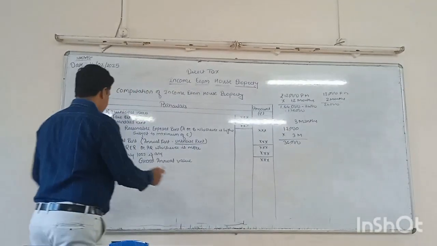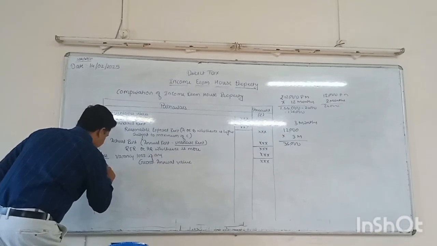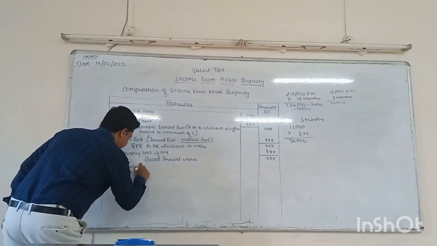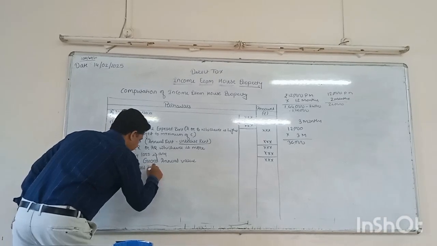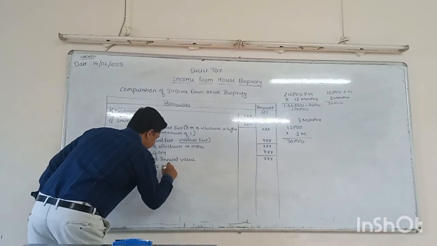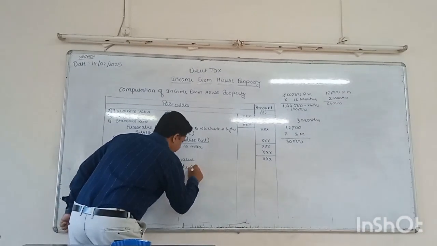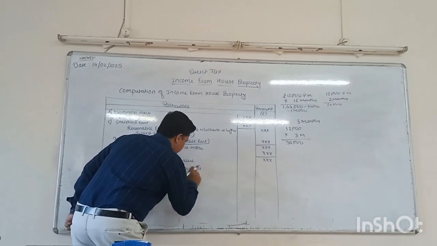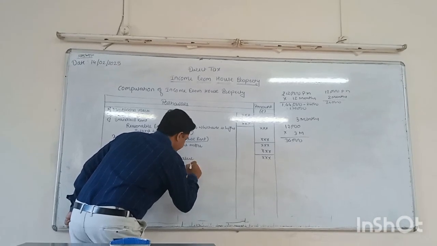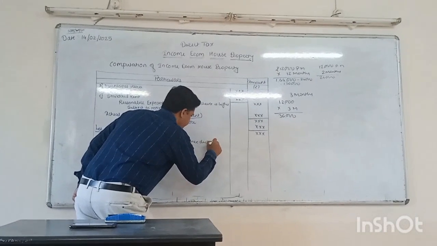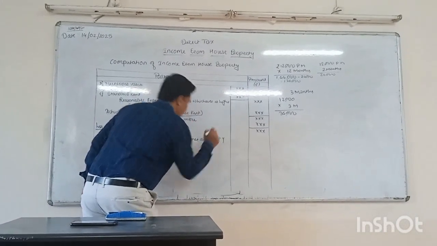Now from this gross annual value, less municipal taxes paid by the owner during the previous year.